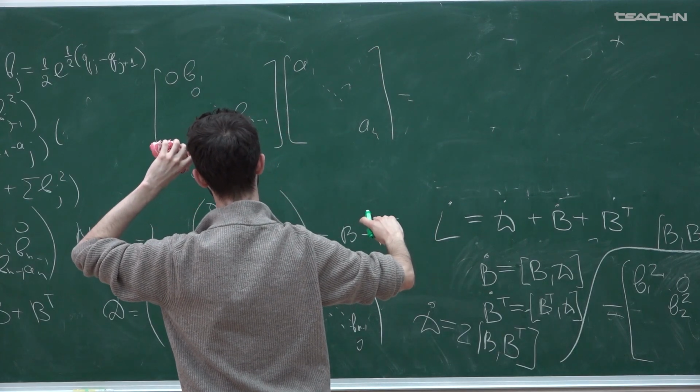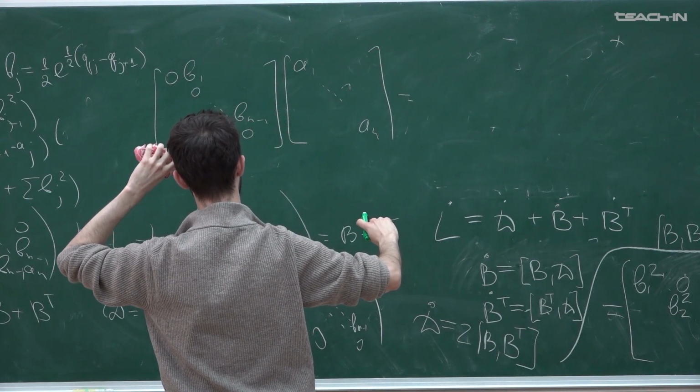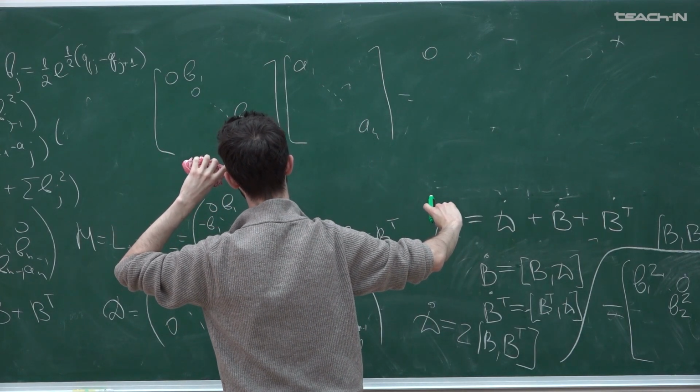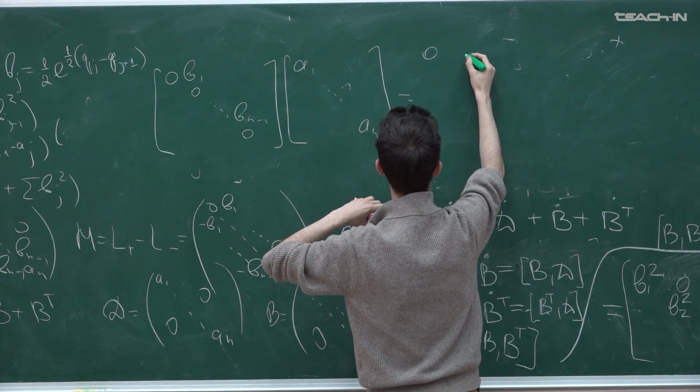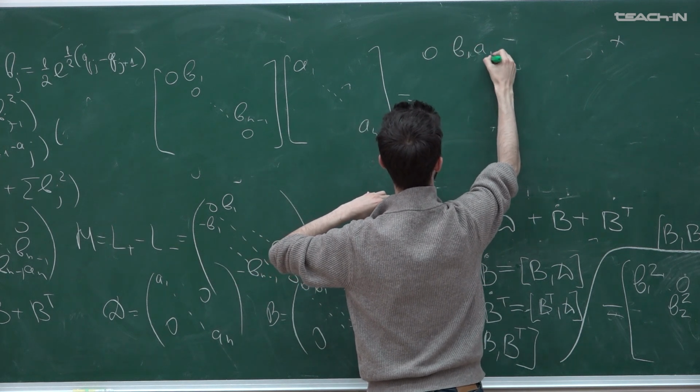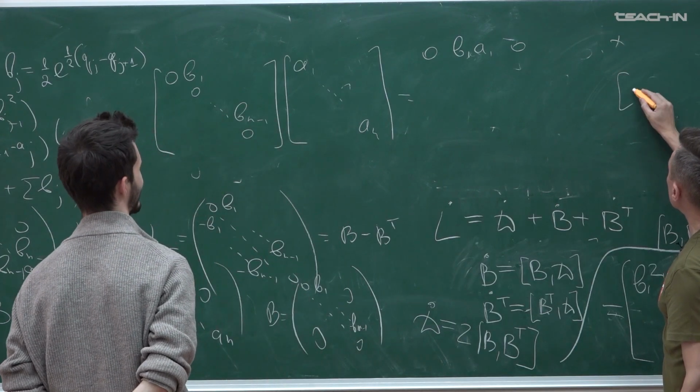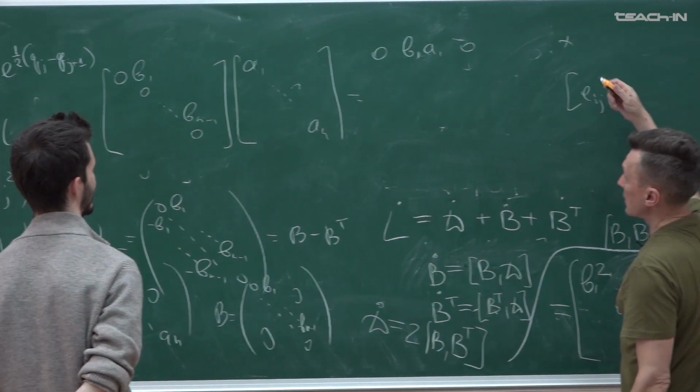So this is 0. Do you know the commutator of the matrix element with the diagonal matrix?